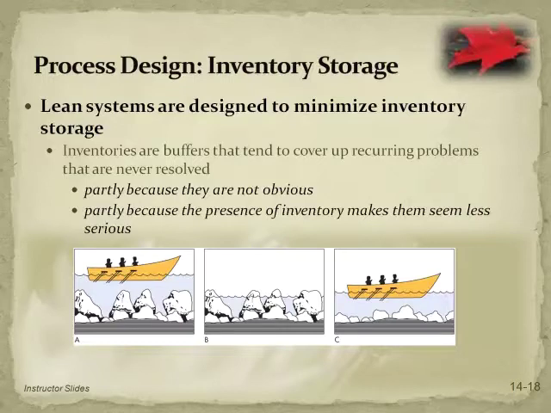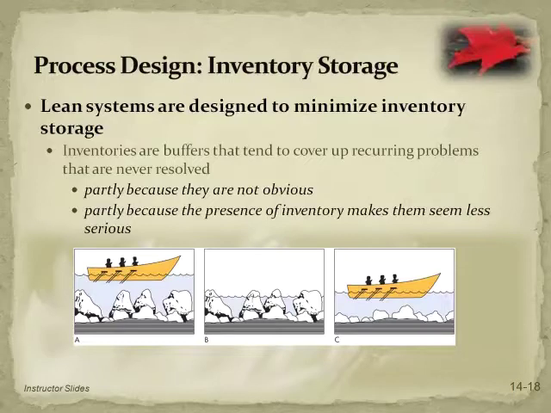And they also represent the problems, the production problems, and the waste that the excess inventory causes. The water level is the inventory, and the rocks are the production problems. So by keeping excess inventory, we're not able to really see what the production problems are.